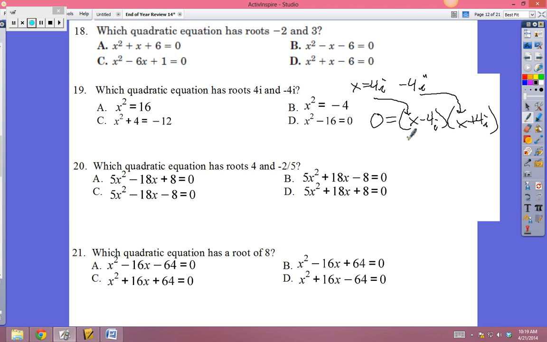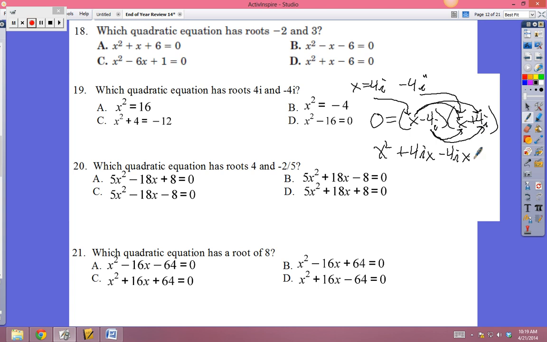Okay, now that's not either A, B, C, or D, so let's times it through. X times x is going to give you your x squared. X times 4i is going to give you 4i times x. A minus 4i times x is going to be a minus 4i times x. And a minus 4i times a plus 4i.